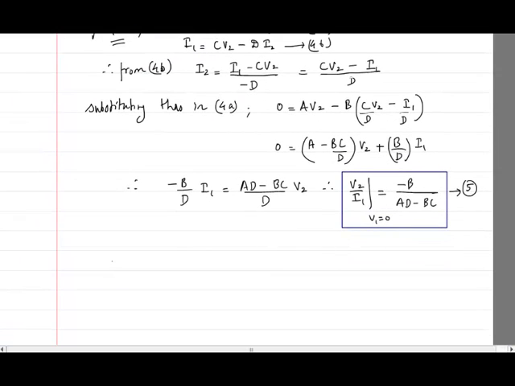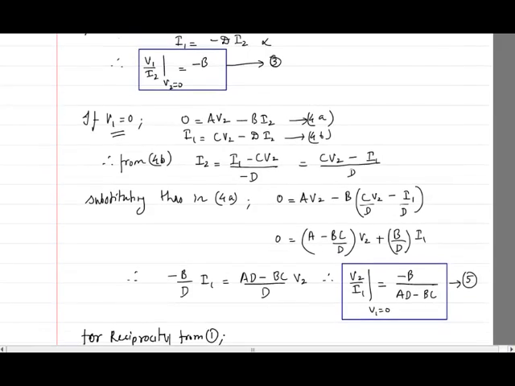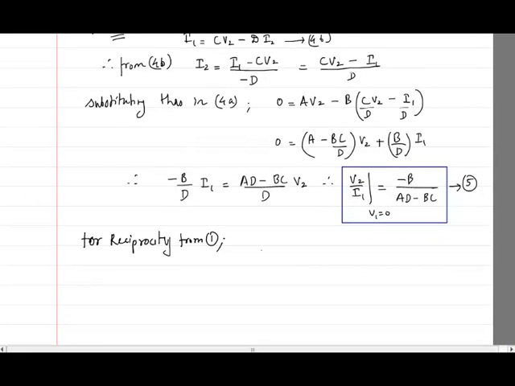So for reciprocity, from equation 1, the condition is that equation number 3 should be equal to equation number 5, the ones I have put in the box.